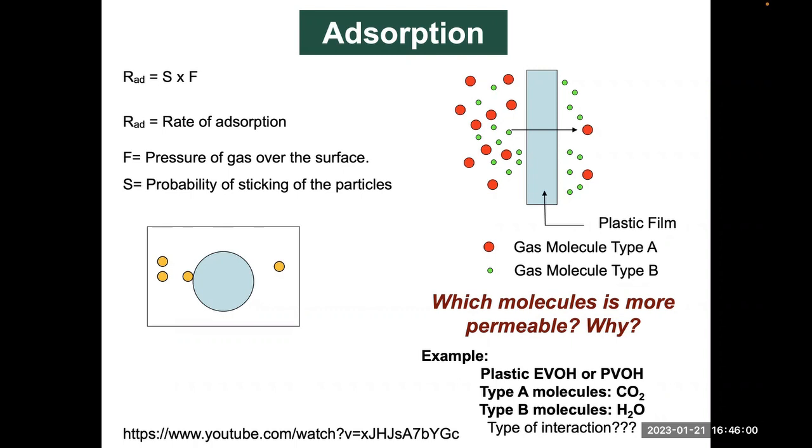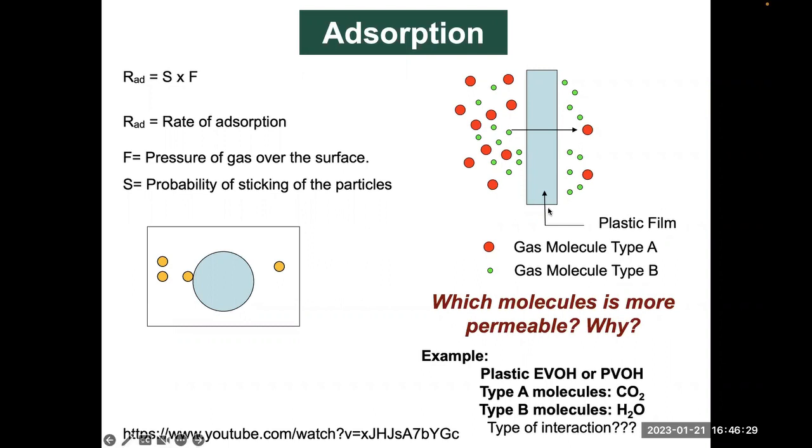So for example, if I have a product, I have a package, the package would be exposed to all sorts of gases, right? It would be exposed to water, it would be exposed to oxygen, it would be exposed to carbon dioxide. Now, some of those molecules may move in and out of the package, others may or may not move, right? Or it may move at a different rate.